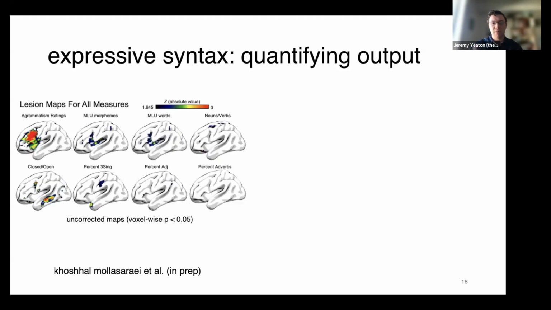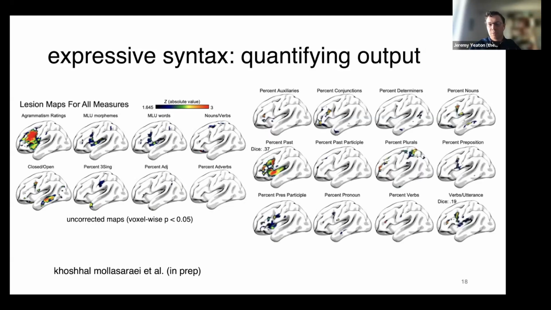If we look at the lesion maps for all of these different measures, so mean length of utterance, proportion of nouns and verbs, percent of adverbs, percent past tense, etc., there's not a lot going on that really shows us a lot of promise. We have, okay, percent of past tense seems to look like this agrammatism lesion.